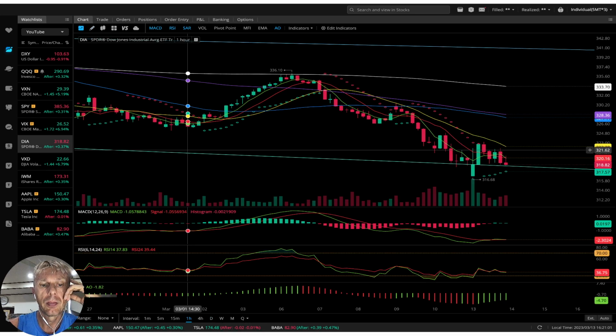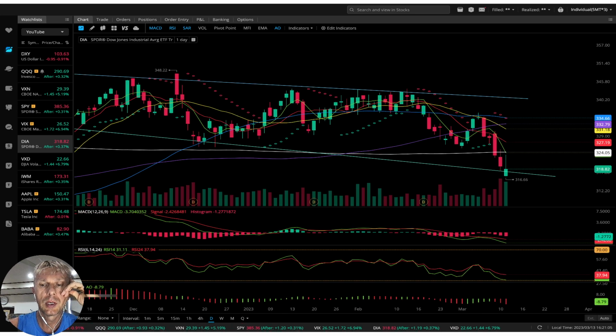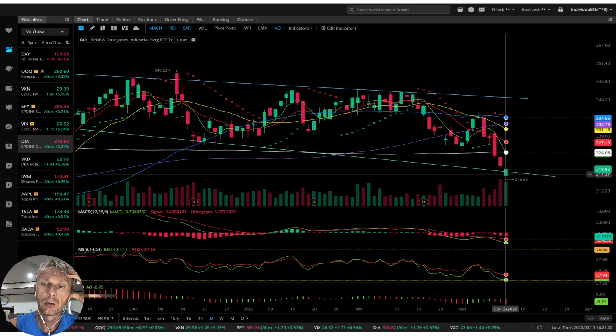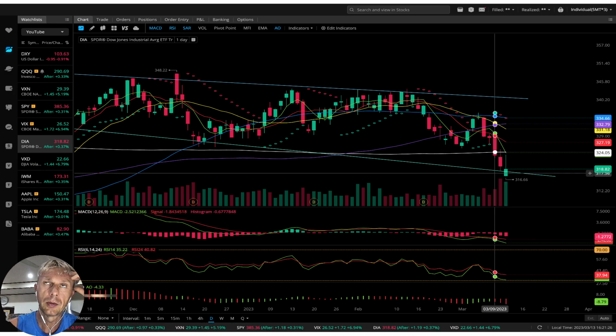DIA, it's a Dow Jones daily. Let's see. It has two major trend lines, one is the upper, one is the lower. And today it did move below the major lower trend line.